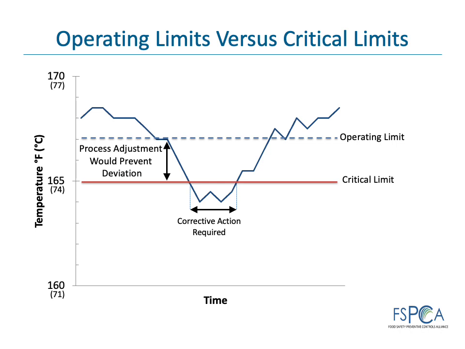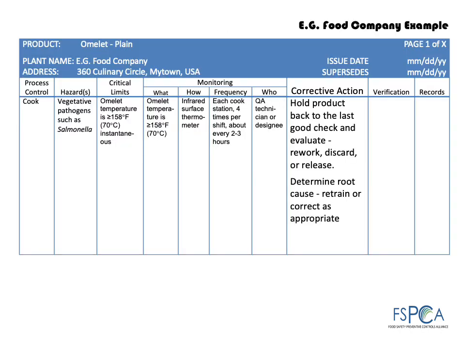In this example of a cooking process, a critical limit is established at 165 degrees Fahrenheit, for e.g. 74 Celsius, plain omelet, and corrective action is required when the temperature falls below that limit. An operating limit is set above the critical limit, in this example at 167 degrees Fahrenheit, 75 Celsius. Reaching it could have alerted line personnel.